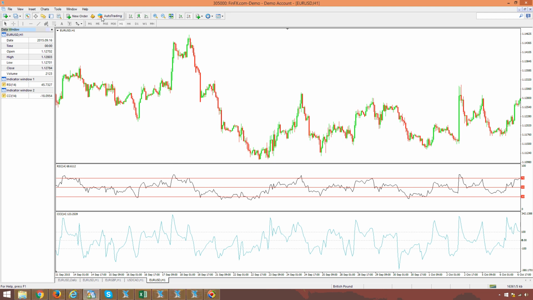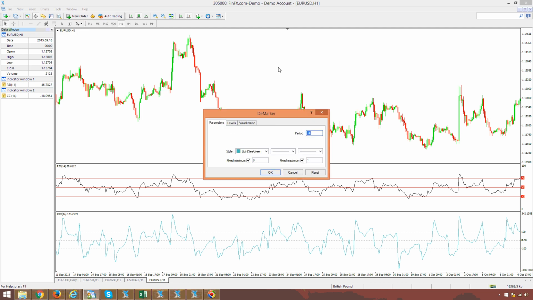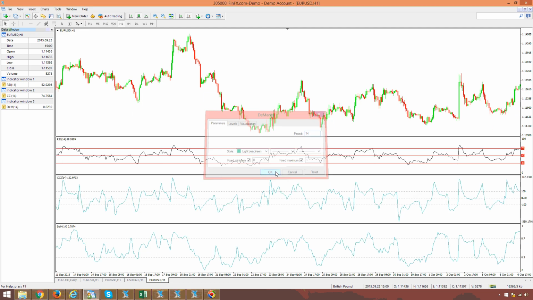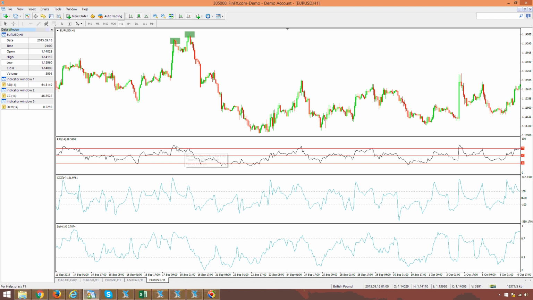If you take another one, let's take the DeMarker, and we put it on the screen. Well, look at the market. We have a high in our euro US dollar here. Then the market makes a higher high, but it is not being confirmed by the oscillator.